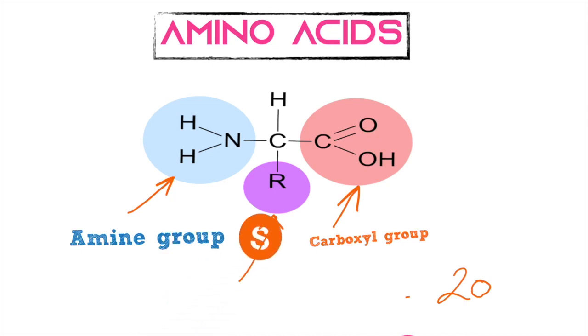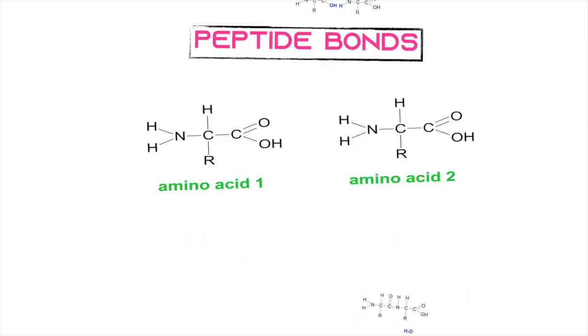Finally, the last group is few amino acids that contain the element sulfur. So amino acids that are positive or negative are usually hydrophilic. Those that are made up of just carbon and hydrogen are hydrophobic, just like other organic molecules.